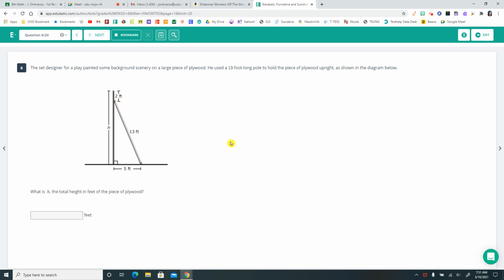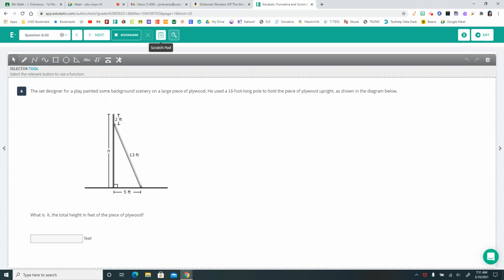Here you have Pythagorean Theorem. Notice that you have the C, but you do not have the H. So all you're gonna do is a squared plus b squared equals c squared.